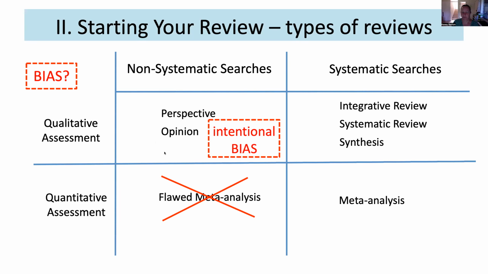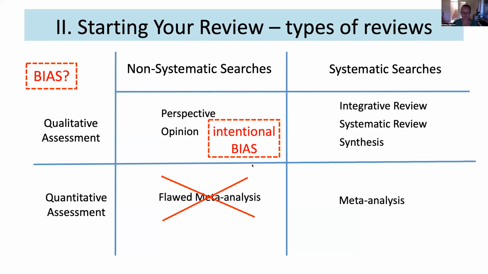Perspective and opinion papers are purposefully biased. That's the whole point of them, that the author has some point that they're trying to argue, an approach that's flawed or some new opportunity. So these are meant to be biased. That's why they're perspective and opinion papers. When we hear these words, we know this is going to be a biased take on something, but that's okay.